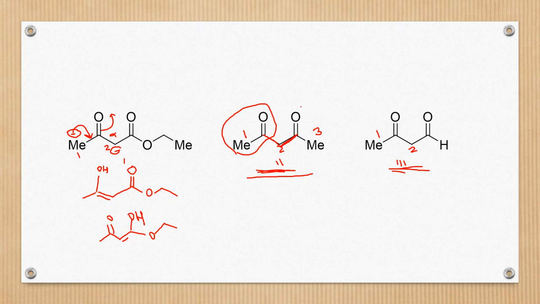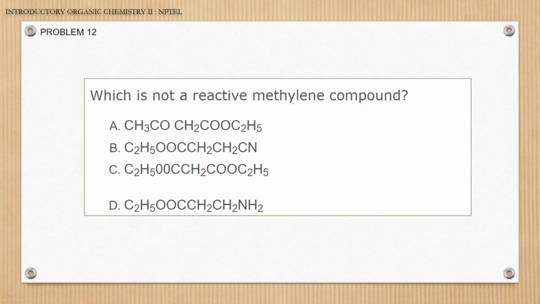So the two electron withdrawing groups are present. This methylene is sandwiched between these two electron withdrawing groups, which makes this methylene an active methylene compound, which can easily donate the H plus and will generate a carbanion. So this is the concept behind this.